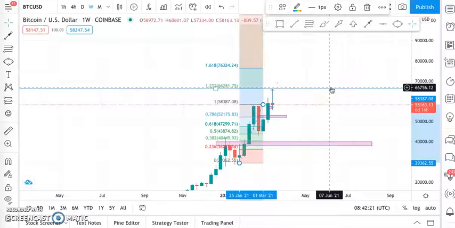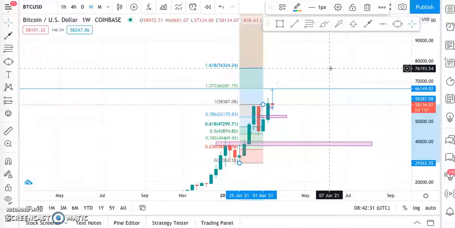So this is the first area we do expect price to rally to, and even possibly to the 76,000 level, which is the minus 618 Fibonacci retracement level.